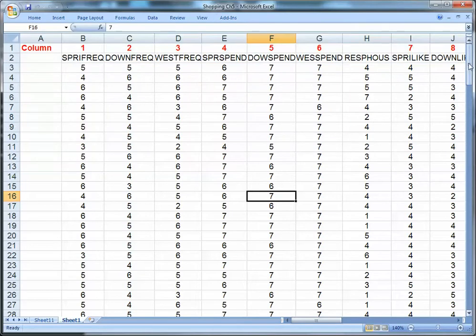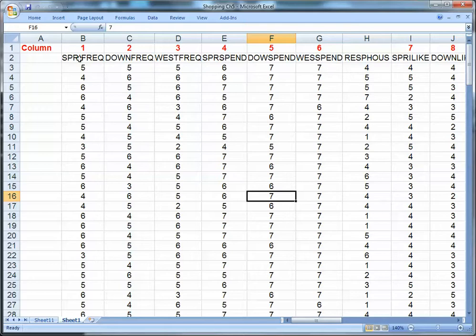But what I recall I found is that you need to have the 2 columns next to each other. Anyway, I'm not going to look at what you are going to look at, the spending at Springdale, downtown and West Side versus male or female.